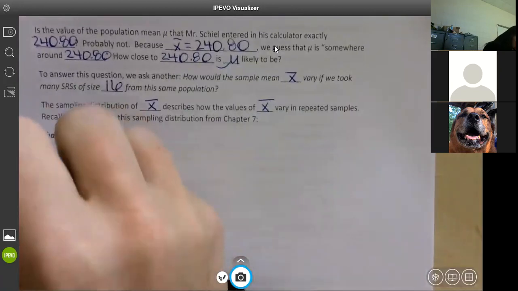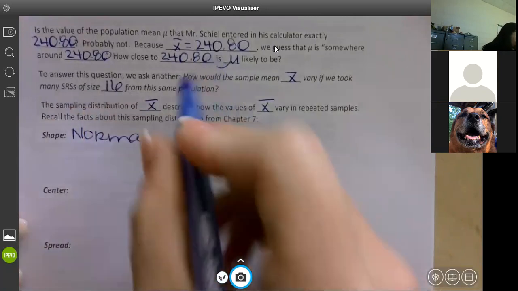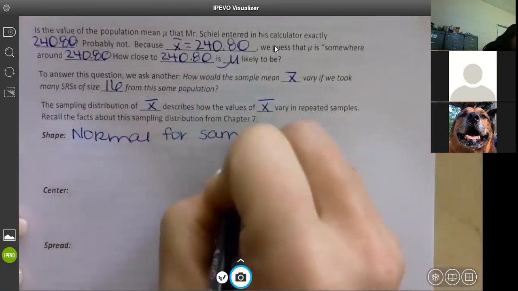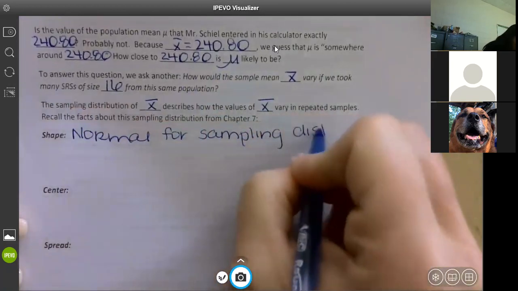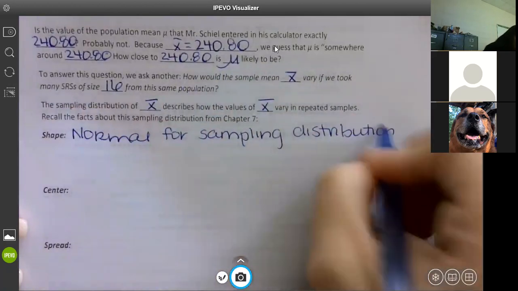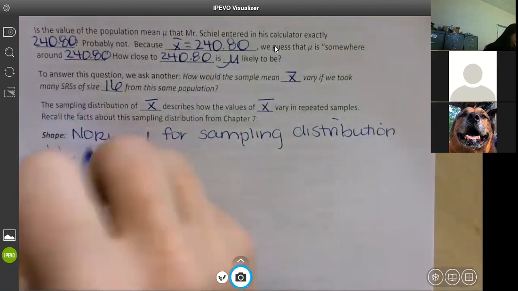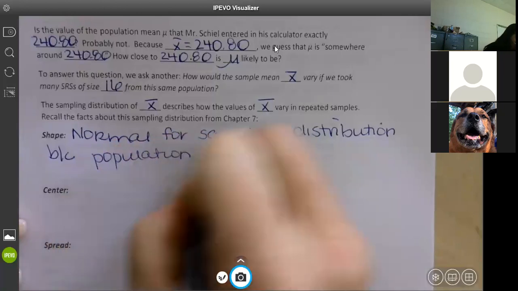All right, so the shape is normal for the sampling distribution, because the population distribution was normal.